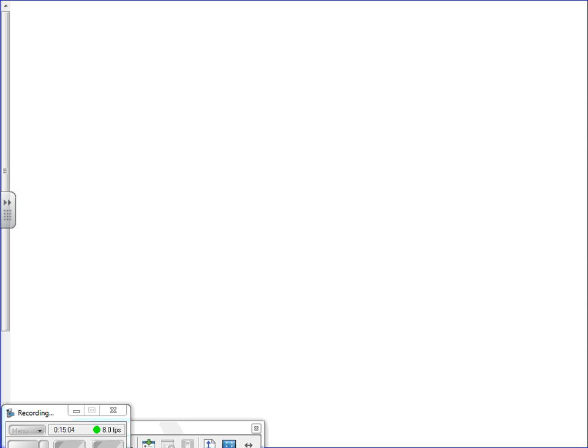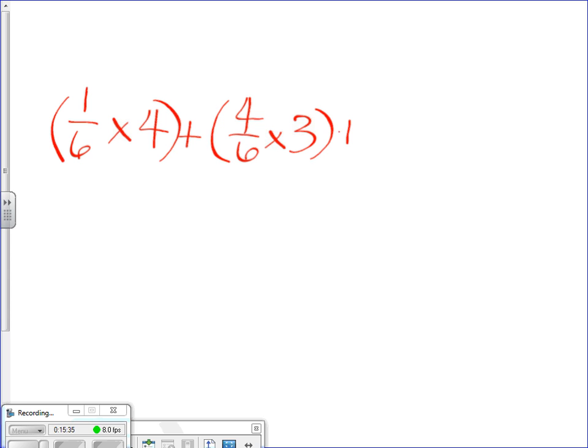So the way that you can figure that out, and you cannot do those in your head, the number sentence that you could do to solve that, when you have 1/6, instead of doing 1/6 plus 1/6 plus 1/6 plus 1/6, you can do 1/6 times 4 plus 4/6 times 3 plus 6/6 times 2.